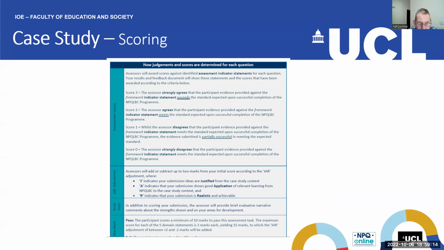Also, the A stands for application, in the sense that you have applied your learning acquired during your NPQ program with UCL. And the R stands for the fact that your responses are realistic and actually achievable. It's one thing to come up with, as it were, a cunning plan. It's quite another for that plan to be realistic and capable of being delivered in a real school.